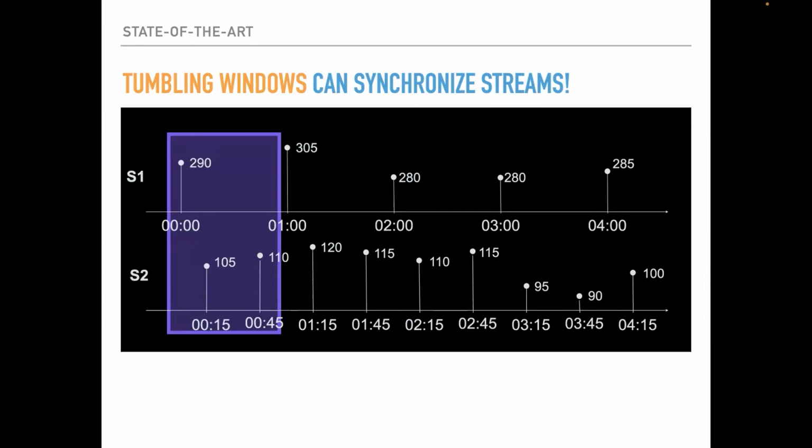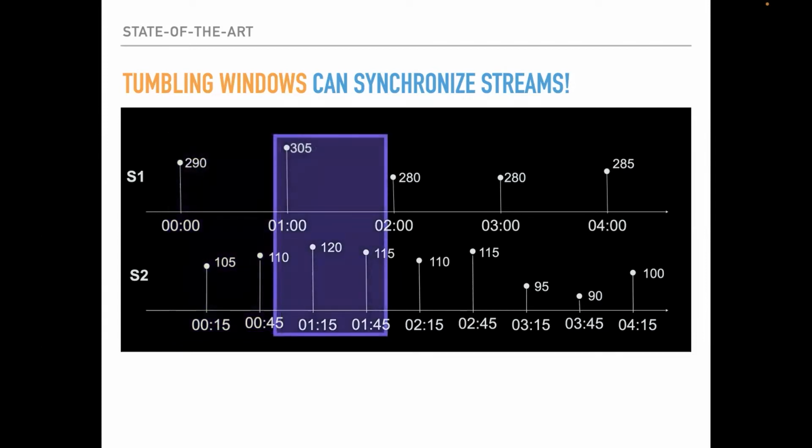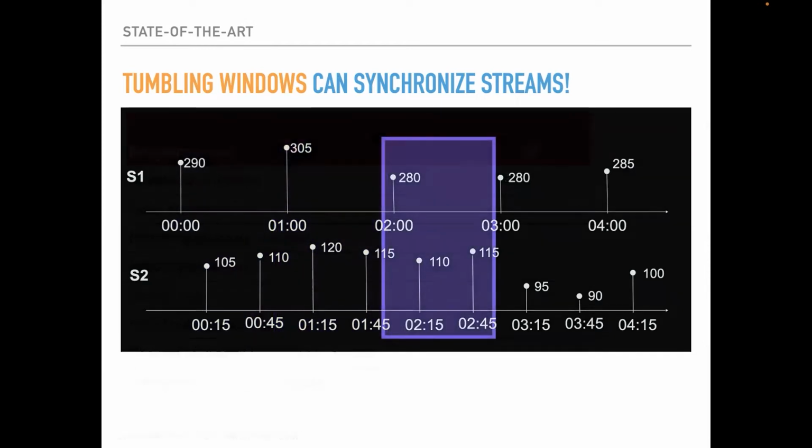And then the window will tumble in this specific case, and you will cut the 2 streams in 2 slices that contain the event that you want to join, and that will somehow keep happening, right?